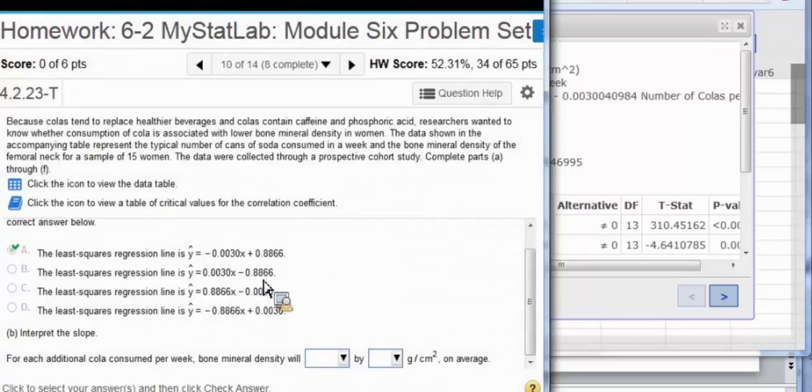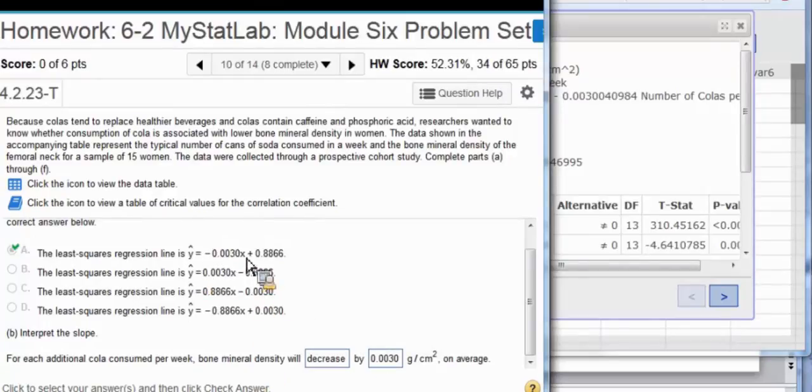Okay, interpret the slope. The slope is negative. So for each increase in X, which means one additional cola, the slope is negative. That means the density will decrease by 0.003. That's what the slope means.